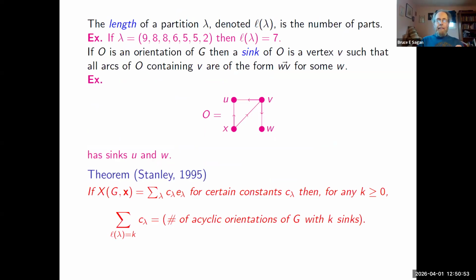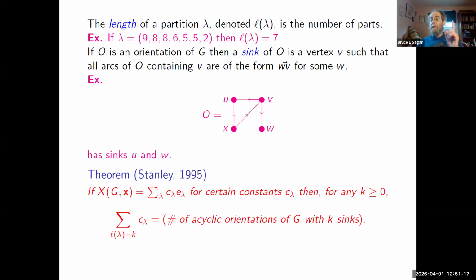In general, all we can say is that this is going to be some sort of alternating sum with positive and negative things in it. So the question becomes, when is this positive? There is one case I should mention where it's going to be positive.